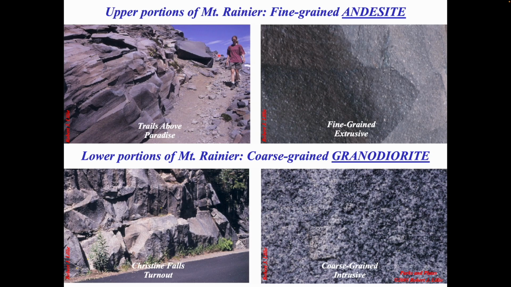For example, over to Mount Rainier, which is a national park that unfortunately we won't discuss in detail, the upper portion of Mount Rainier is dominantly made of very fine-grained andesitic lavas.